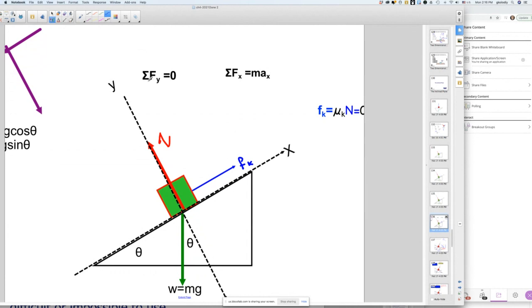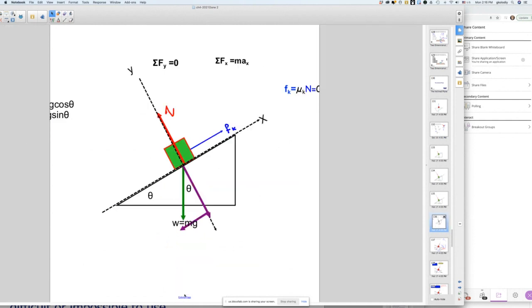Now let's do this first. Since this force here, the weight, is not along any of the axes, we have to resolve it into components. In other words, it's got a y component and an x component. Both of these are a little too long.